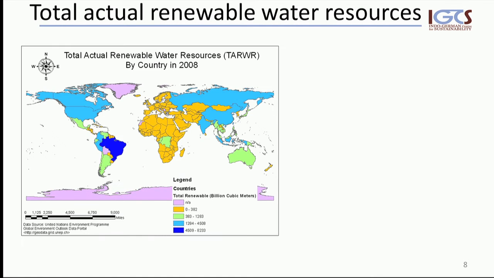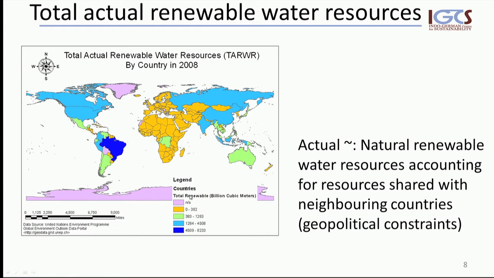Now let's look at one global example which shows us our total actual renewable water resources in 2008. What we see here in the scale is from purple, no data, and orange, lower amounts of total actual renewable water resources, to a dark blue, fairly high total actual renewable water resources.